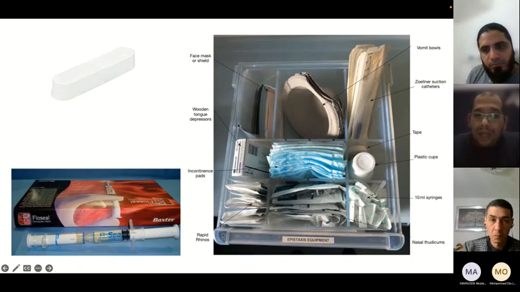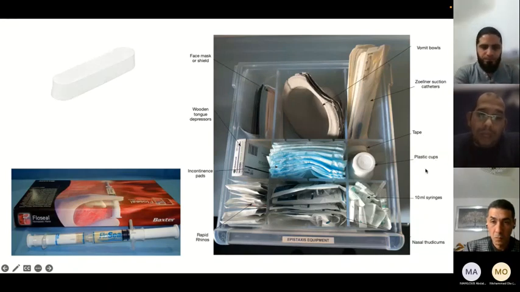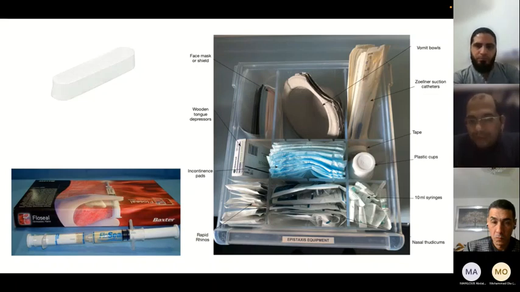Nasal tampons. These are the instruments that you need to prepare before attempting to put the nasal tampons. The patient should have a bowl in case of vomiting. You should have a suction catheter, a nasal catheter, and plastic cups to ask the patient to gargle, to make sure that there is no active postnasal bleeding, I mean, to examine the throat once you put the pack to make sure that no blood is coming from the nasopharynx to the oropharynx.